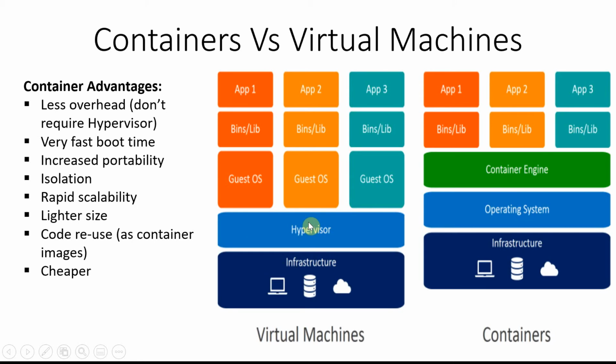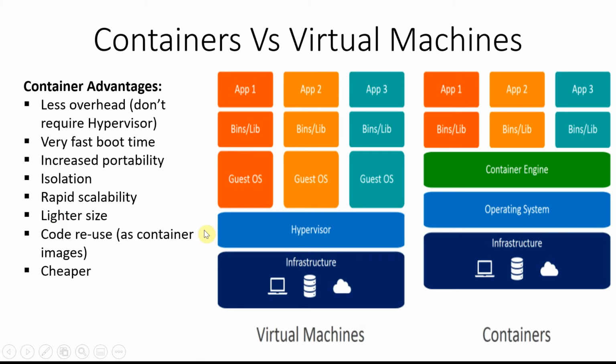The vSphere licensing cost is very huge. The enterprise version costs around 120 US dollars per month, which is too much cost, right? But on the other side, even if you take the enterprise version of Docker, it is still cheaper compared to the VM. So that is the advantage that you get.